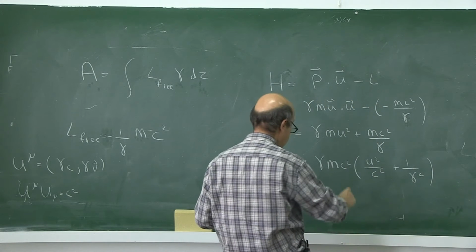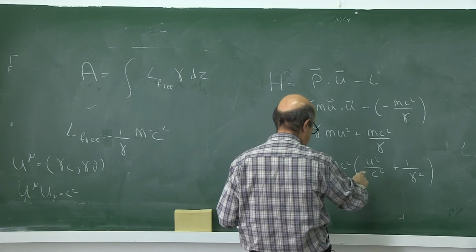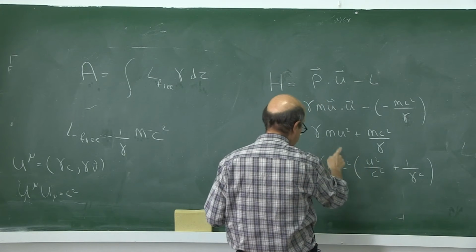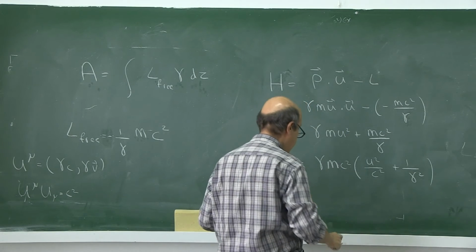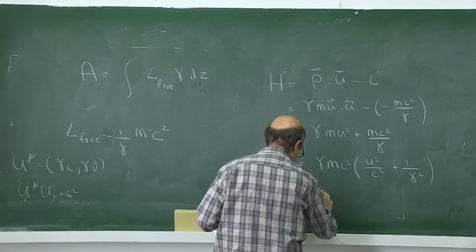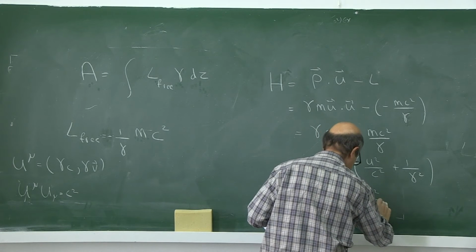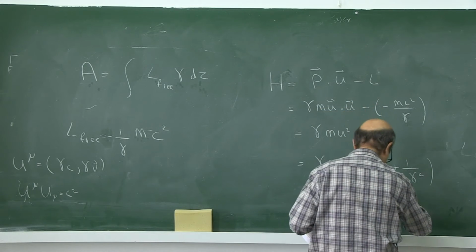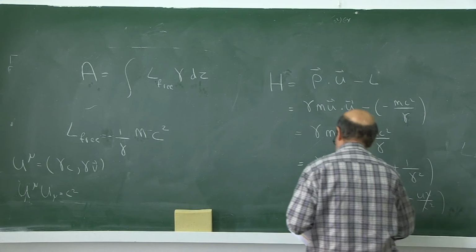Is this right? Gamma mc squared multiplied by this gives mc squared over gamma, and multiplied by this gives gamma mu squared. Go one more step: 1 over gamma squared is equal to 1 minus u squared over c squared, and this will be cancelled.